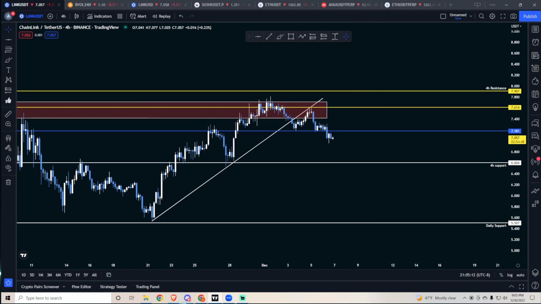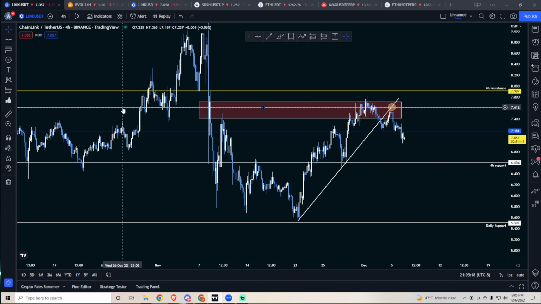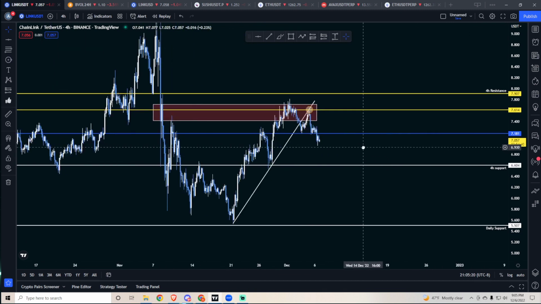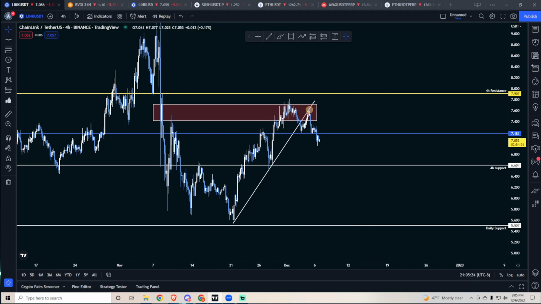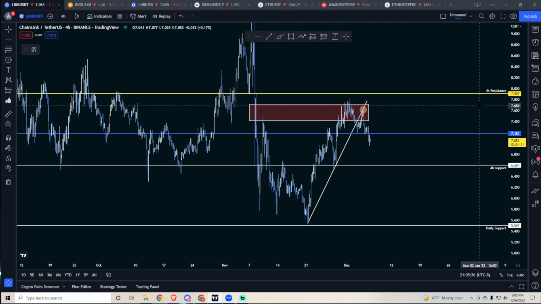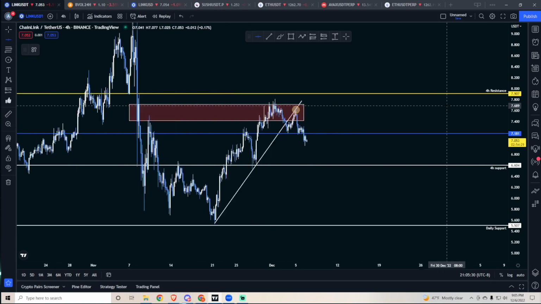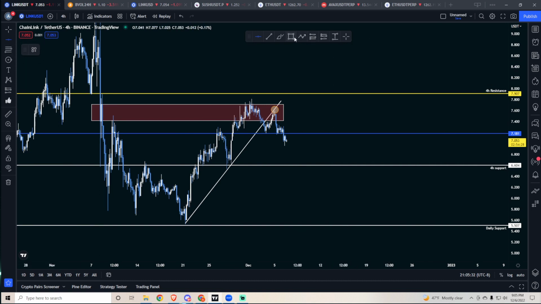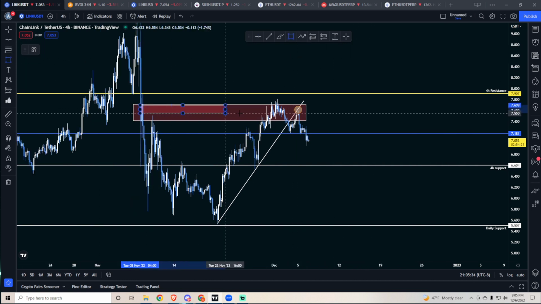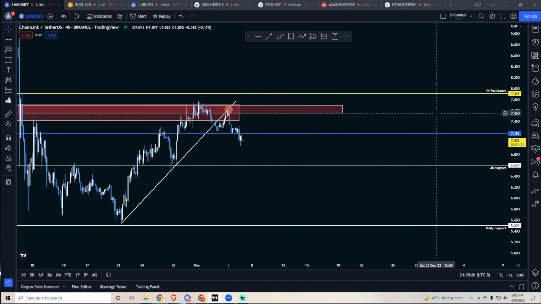But now, this area here is your confluence, right? It was resistance. You can draw more lines if you want. But this zone here is resistance.